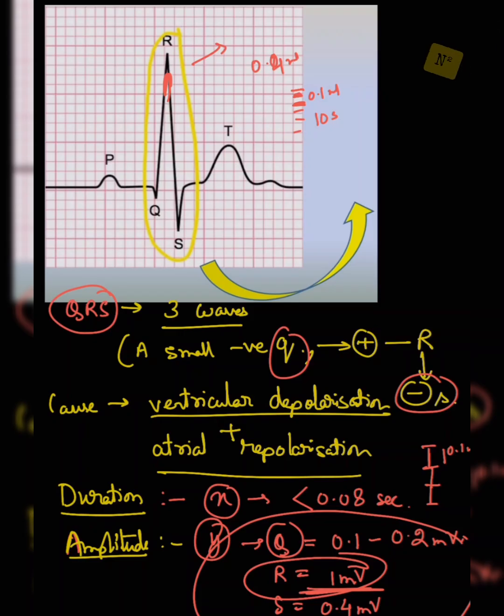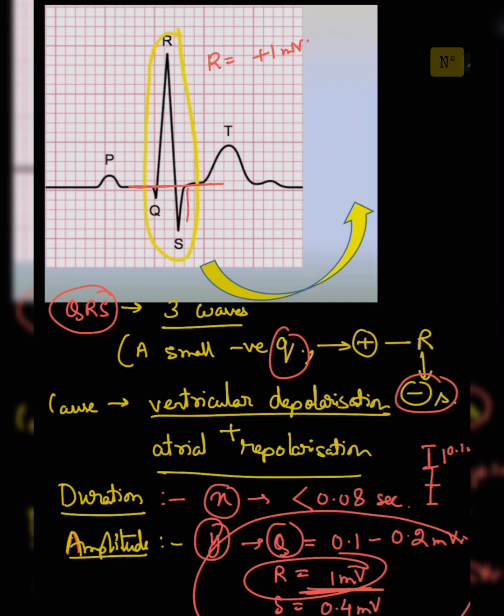Whenever you are doing a calculation of cardiac axis, you have to sum all the curves. Supposedly in this curve, the R wave is positive 1 millivolt. Now out of the negative waves, which one is the more negative? The S wave.